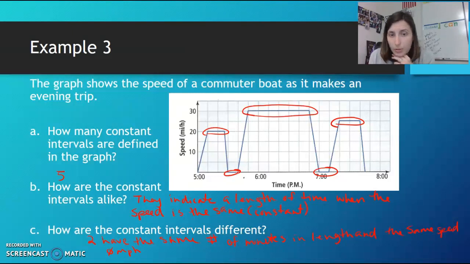Sorry, I lost track of where I was. So we're talking about these two intervals down here. They only cover one box, which would be the same length of time. And they're both going at 0 miles per hour.